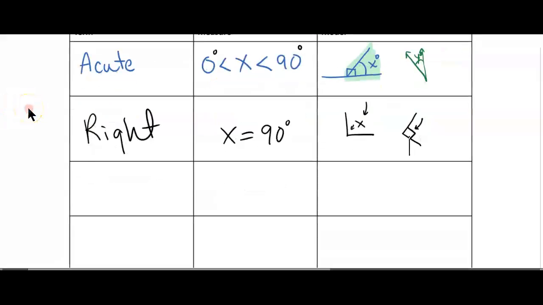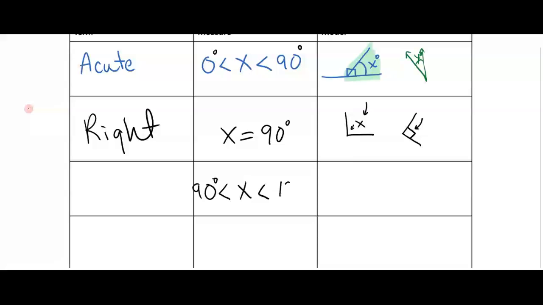After an angle expands beyond that 90-degree mark, so if my angle is larger than 90 degrees, but still less than half a circle, 180 degrees, then it is an obtuse angle. So greater than 90, less than 180.